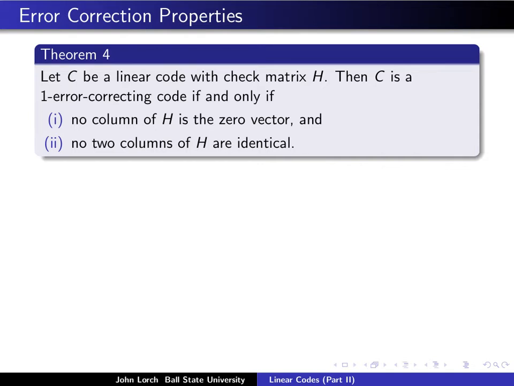So in order to do this part of the proof, we need a little bit of notation. So first of all, we're going to introduce this E sub I, which is the ith elementary vector. It is a string of length n, where it has a 1 in the ith slot, and it has zeros elsewhere.